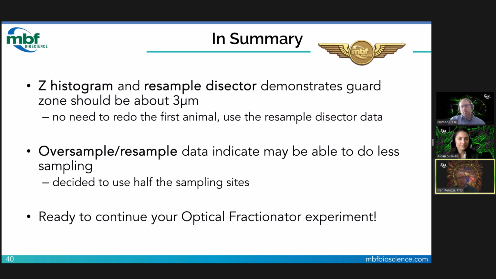We also asked the question, have we done enough sampling and can we do less? Our CEs were below 0.1, and so we used oversample and resample, and you made the decision to cut your sampling sites in half. So now you go ahead and you count all the animals for every group. As you count the second animal, go ahead and check its CE and see if we're on the right track here.